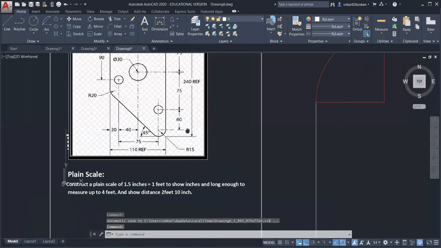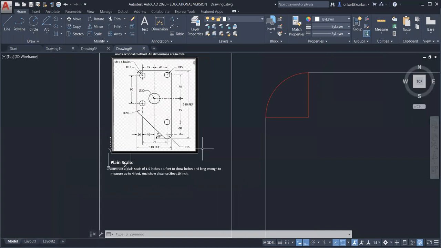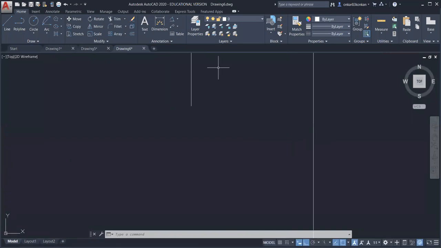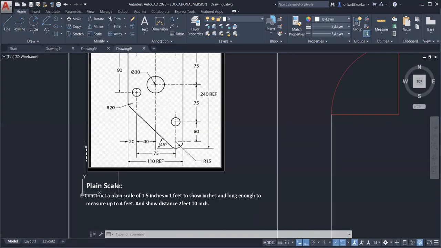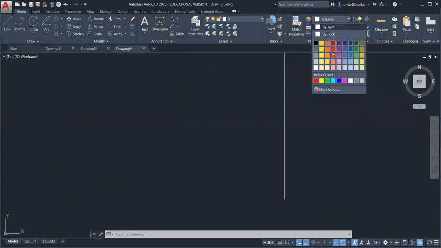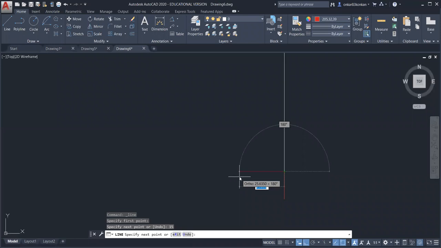And then here you can observe you have to prepare one circle which is tangent to this vertical line at radius R15. So from this corner, draw the line in the upward direction 15 mm, draw a horizontal line 15 mm, and then draw the circle.